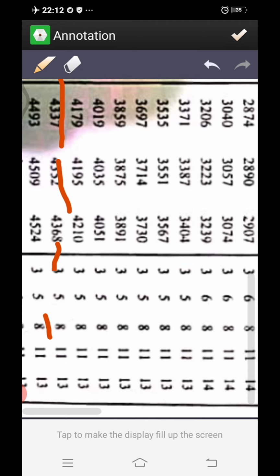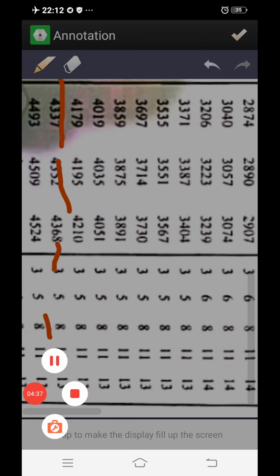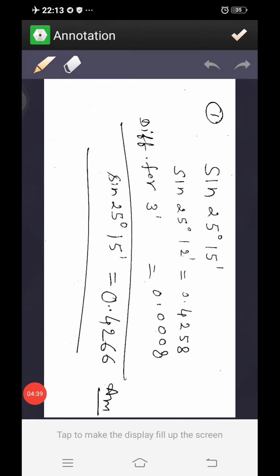Now this difference will be added. How will we add? Let us see. First of all, we have taken sine 25 degree 12 minute, that is 0.4258, as we saw from the table. Then the difference for 3 minute that we have taken was 8. 8 means 0.0008, which we write as a decimal value up to 4 places.